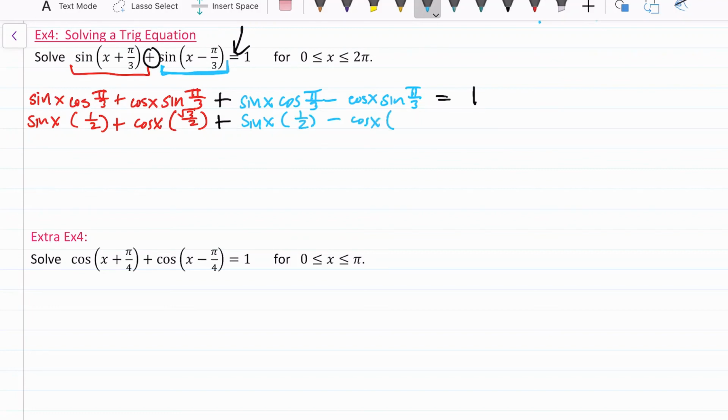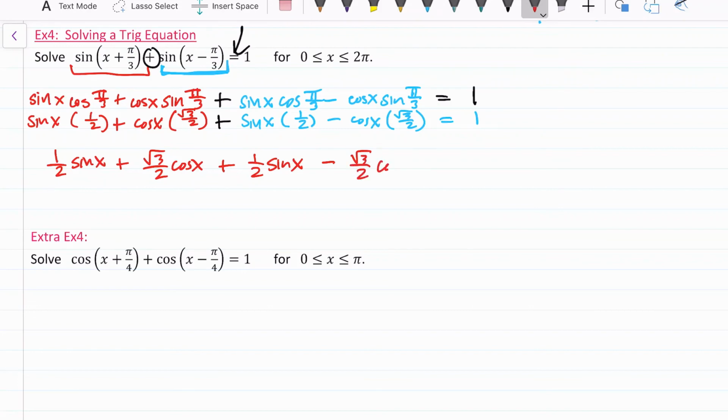Minus cosine of x, and sine of pi over 3 is radical 3 over 2. And that equals 1. Let me simplify each part. So this will be 1/2 sine of x plus radical 3 over 2 cosine of x plus 1/2 sine of x minus radical 3 over 2 cosine of x equals 1.